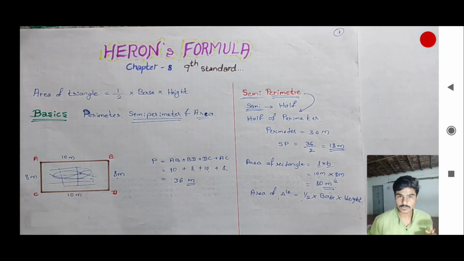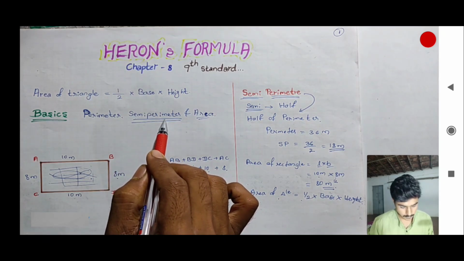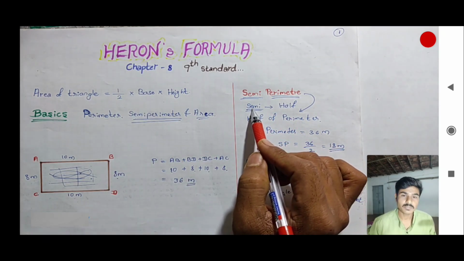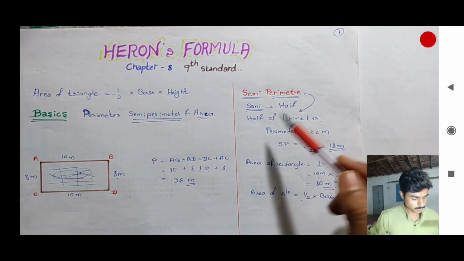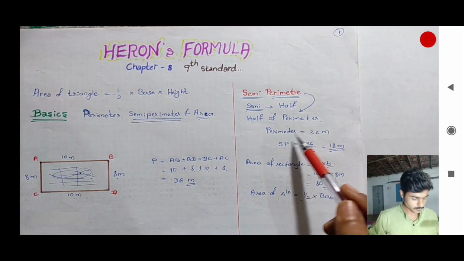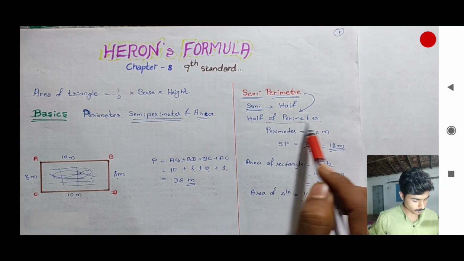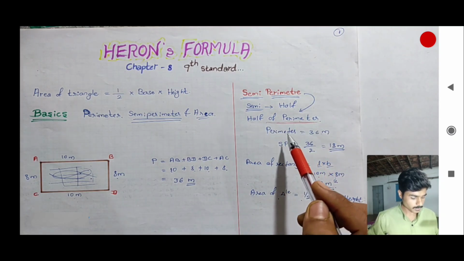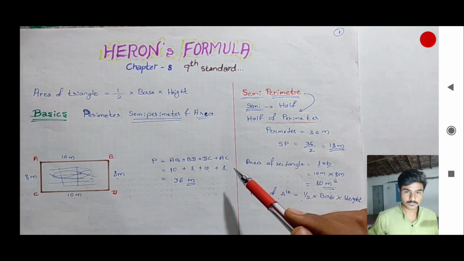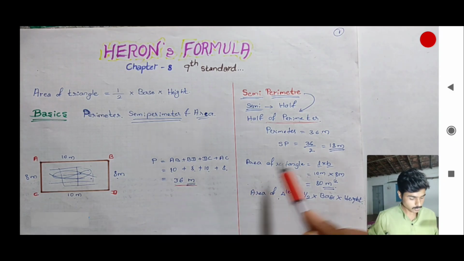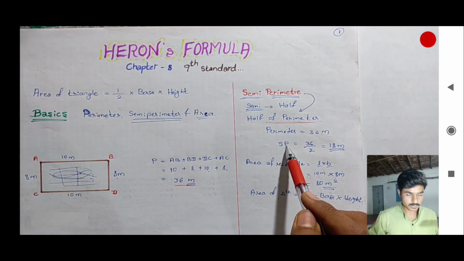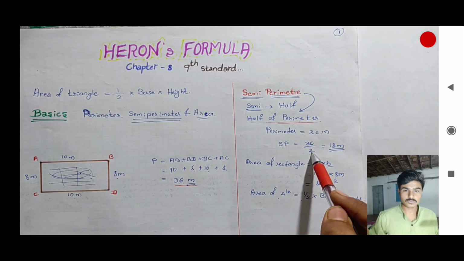Now let us move on to the next basic concept, that is semi-perimeter. The word semi itself means half. So semi-perimeter means half of perimeter. Already we found the value of perimeter as 36 meter. So semi-perimeter is half of perimeter, that is 36 divided by 2.